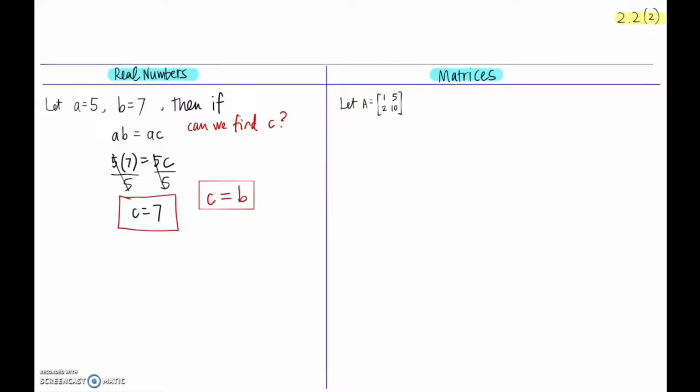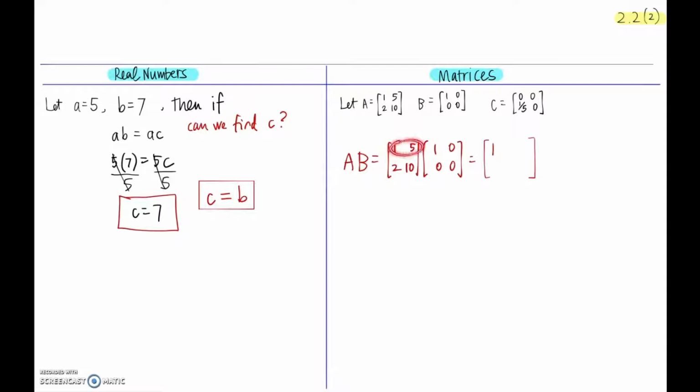Okay, let's talk about matrices in a similar way. So let's let A equal this matrix, and B is going to be this matrix, and C is this matrix. So three different matrices. And we're going to take A times B and find out what that product is. I know it's going to be a 2 by 2 matrix. Let's see, we've got 1 plus 5 times 0 is 0, so that's 1.